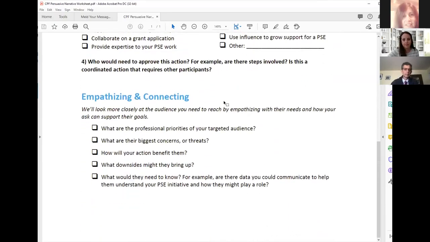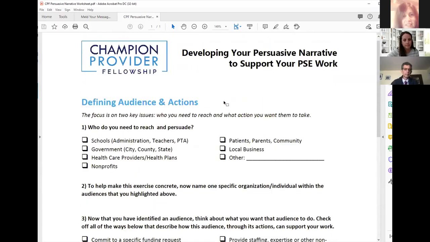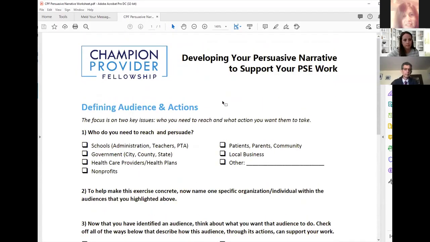We've devised this workshop and the next workshop as very interactive workshops. You can unmute if you want, because we're going to be presenting a little bit of information, but mostly we're going to be engaging with you in a conversation and working you through this whole process of how you build that persuasive narrative.